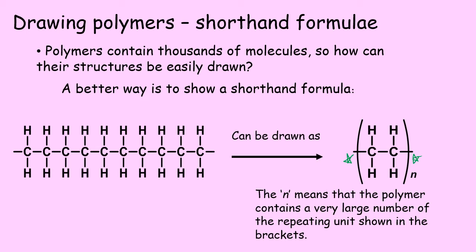And then we just use n, which means any number, which means that that chain length can be n equals 100, n equals 1,000,000, n equals 1,000,000,000, and it's still a polymer. However, in SQA exams, they usually do ask you to draw 3 monomers connected, and if they do ask for 3 monomers connected, you cannot shorten the formula to 1 monomer with n equals 3. They want you to show all 3 connected.